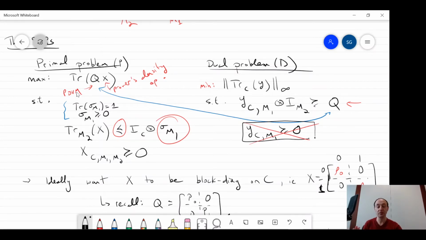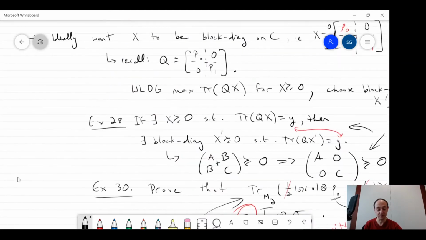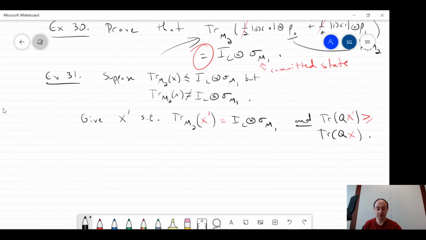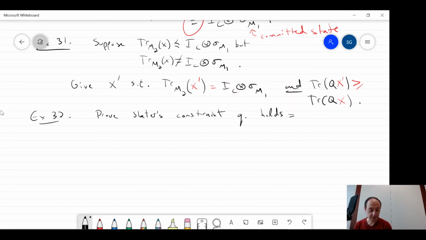Because there's no kind of infinite limit that goes somewhere that's never achieved in the feasible region. And so the last point I want to make, and this is a nice exercise, exercise 32, is to prove that Slater's constraint qualification holds. Okay, and this of course immediately implies that strong duality holds.